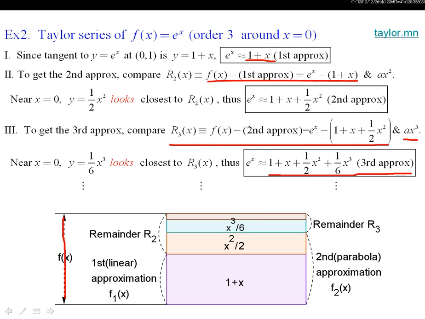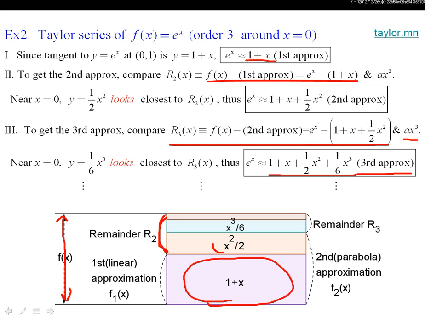This is f(x). Assume this is f(x). The first approximation is a big one, the biggest part. And we subtract this biggest part from f(x), and we call it remainder R2. And we compare this remainder with ax squared.